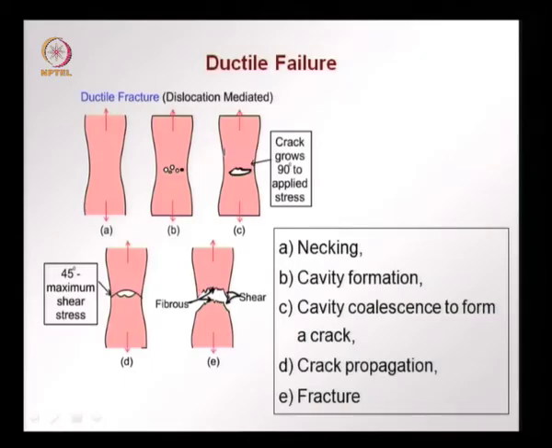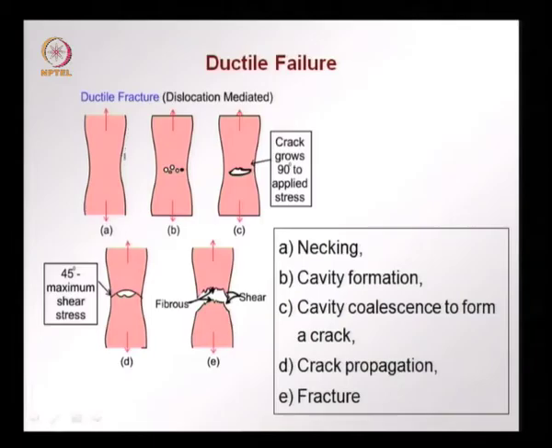So, how does ductile failure occur? What happens after the strain hardening phases and the ductile phases? How does the material actually fail? If we take a specimen under tension of, say, a metal, and we look at failure that is dominated by dislocation movement, we would have a specimen like this subjected to tension.